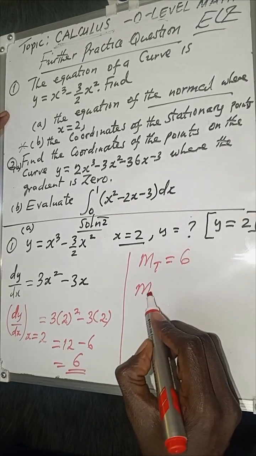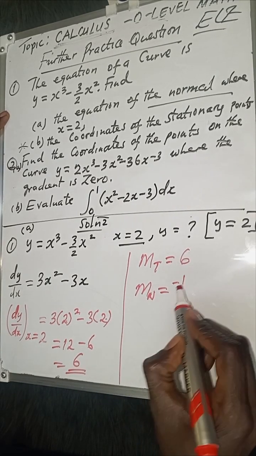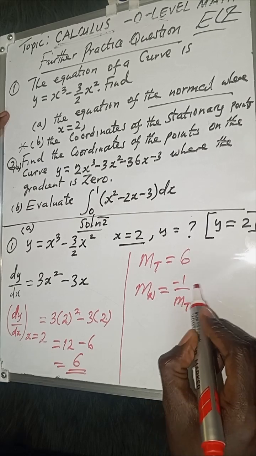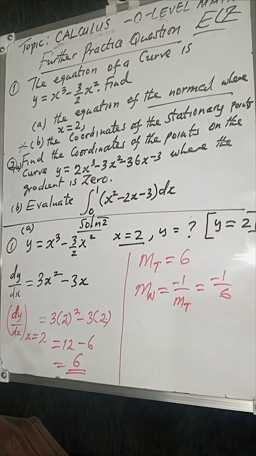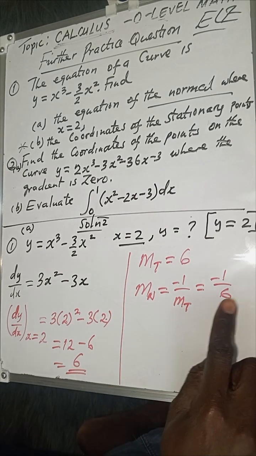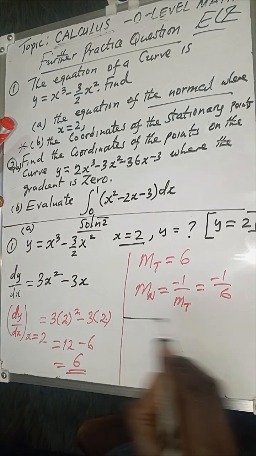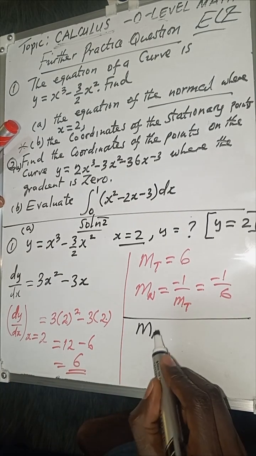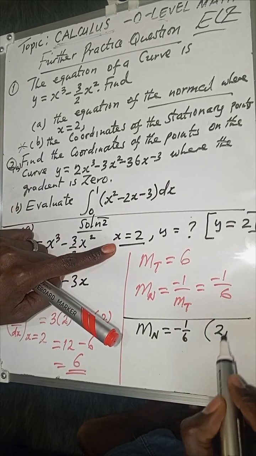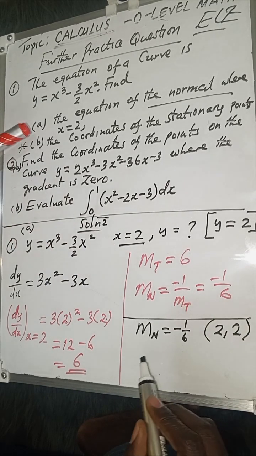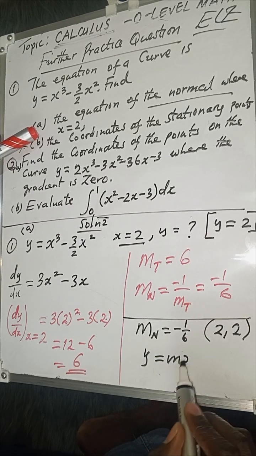So how do I know the gradient of the normal? It's negative 1 divided by the gradient of the tangent. So negative 1 over 6. Now, once we have the gradient of the normal, negative 1 over 6, and the point when x is 2, y was giving us 2, we can find the equation.